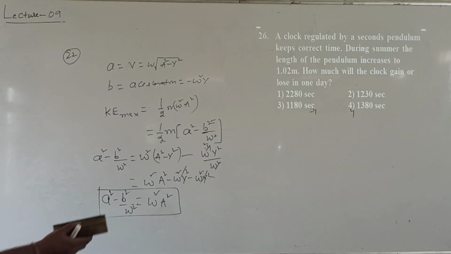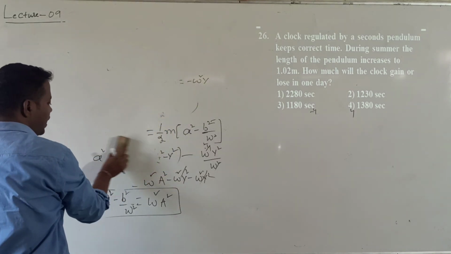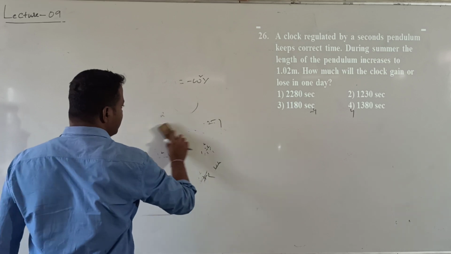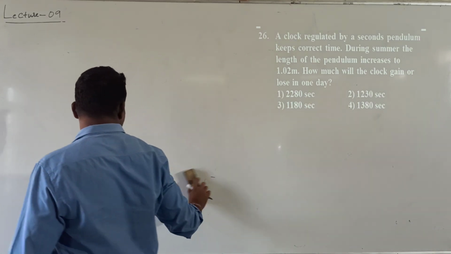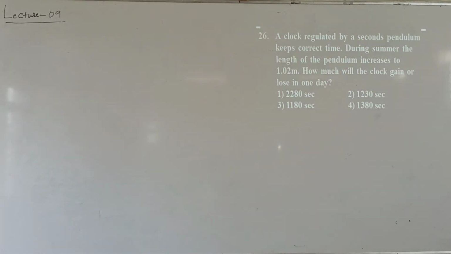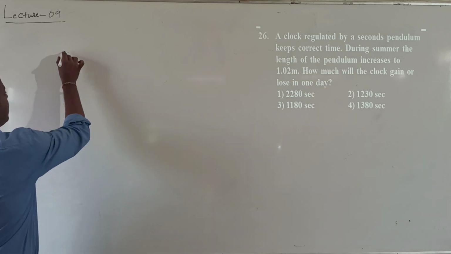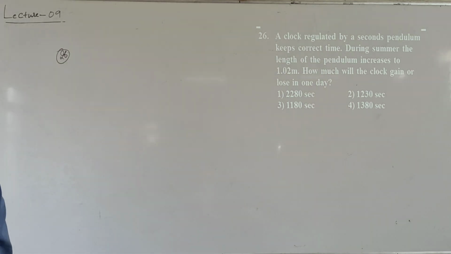Next, question number 26. This question, I think the key answer is wrong, meaning we will not get the options. We will check it. So in this question, what they have given is a clock regulated by a second pendulum keeps correct time. During summer, the length of the pendulum increases to 1.02.